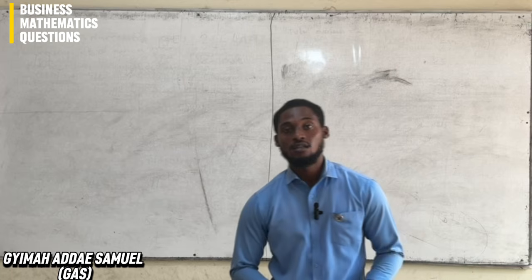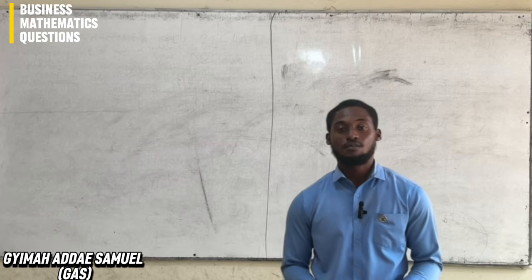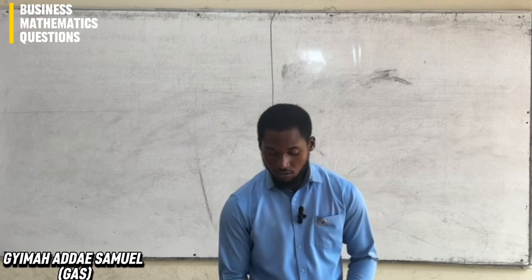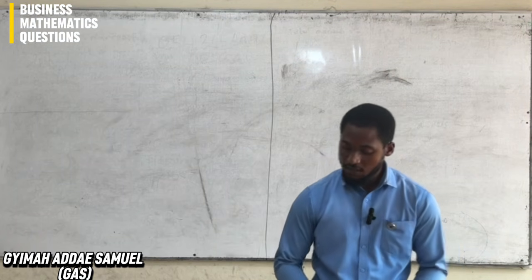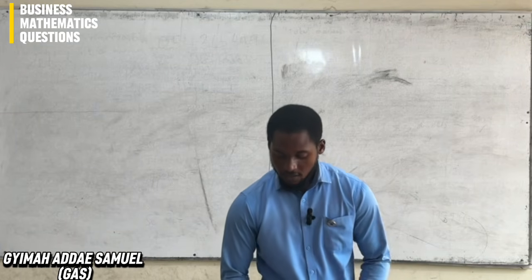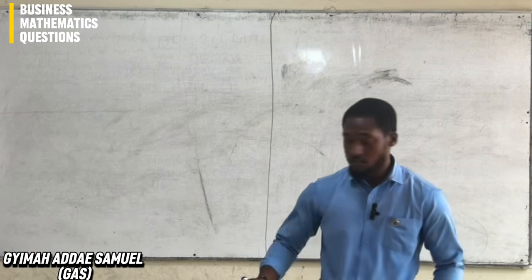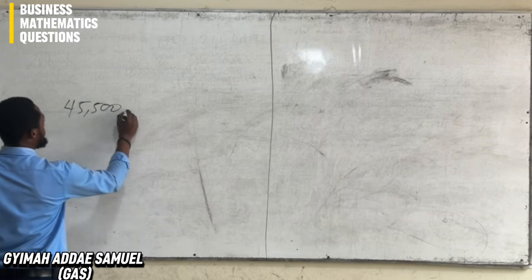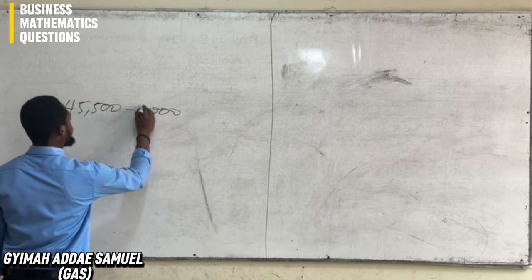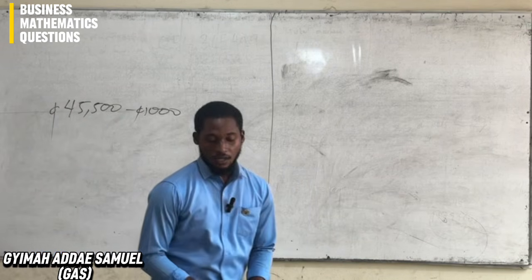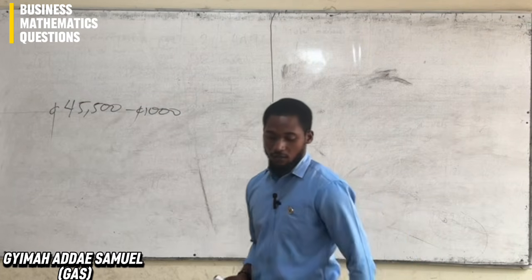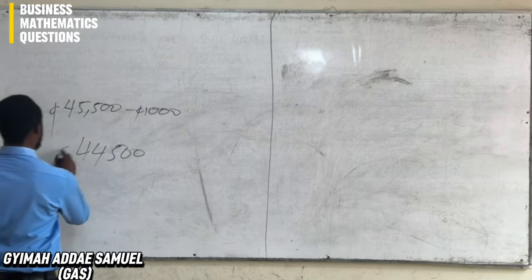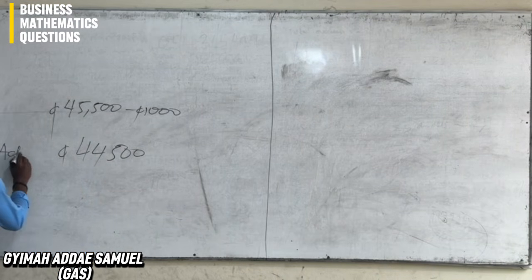And you know that commission is calculated on a commission amount. But first of all, we will have to find our actual sales. So with the actual sales, you subtract our 1,000 Ghana cedis from 45,500 Ghana cedis, and we are getting 44,500 Ghana cedis as our actual sales.